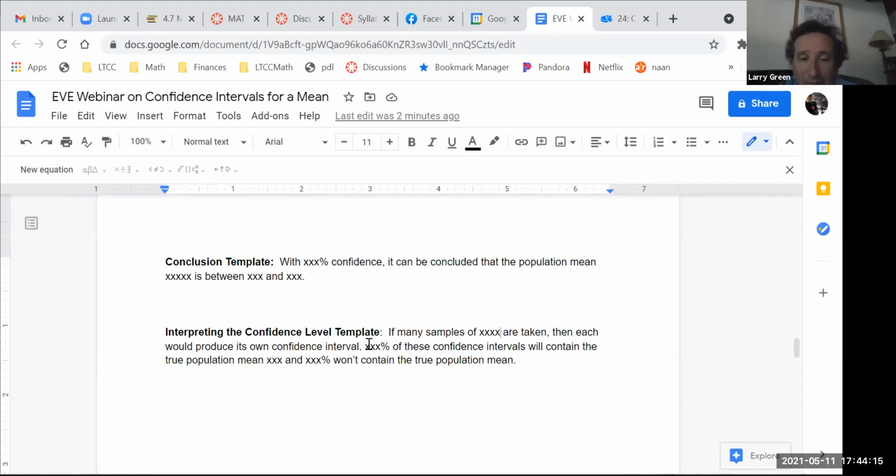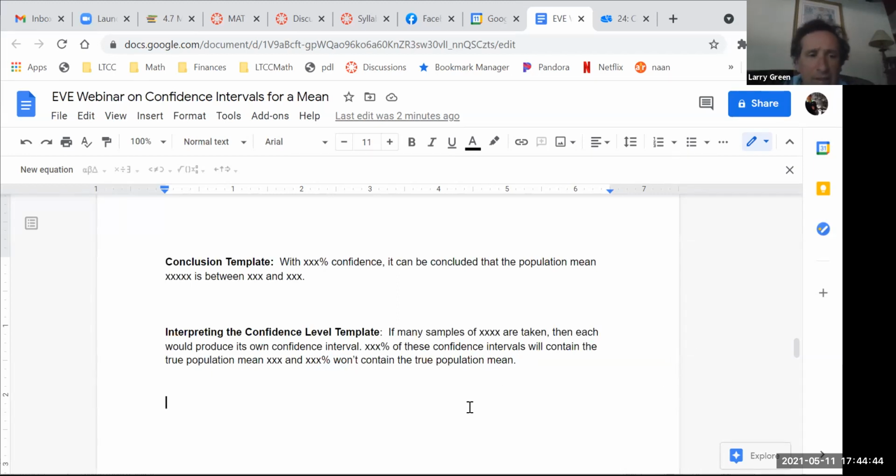Whatever percent, that might be 95%, for example, of these confidence intervals will contain the true population mean, XXX, that would be, in this case, the true population mean age of first kiss for stats-related students, and whatever percent. And so if we had a 95% here, this would be a 5%. Won't contain the true population mean.